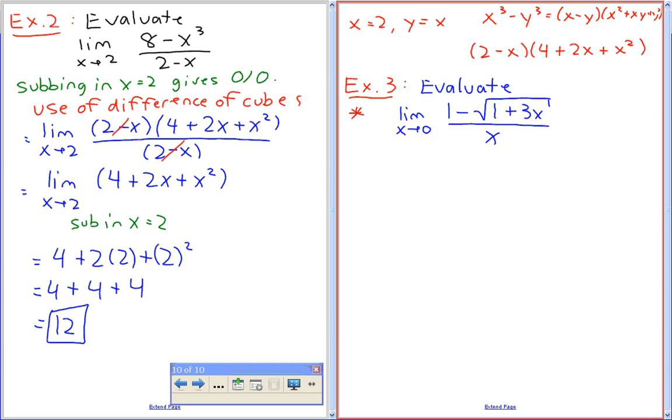Will this work if I sub in x is 0? No. Now you're saying no because you're dividing by 0, but that just turns into 1 minus the square root of 1, so 1 minus 1 is 0, and you get 0 over 0. So I'm going to say subbing in x equals 0 gives 0 over 0.